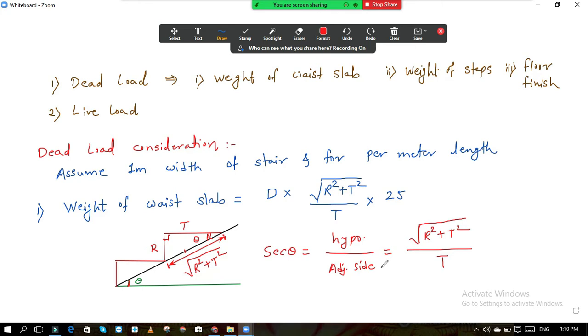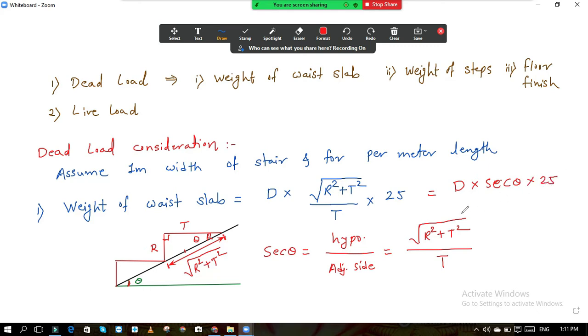Now not here, but in competitive examinations sometimes they ask you to calculate the width of the slab, and instead of giving the riser and tread, they will give you this angle theta, the inclination angle of the waist slab. So this formula can also be written as d into sec theta into 25.